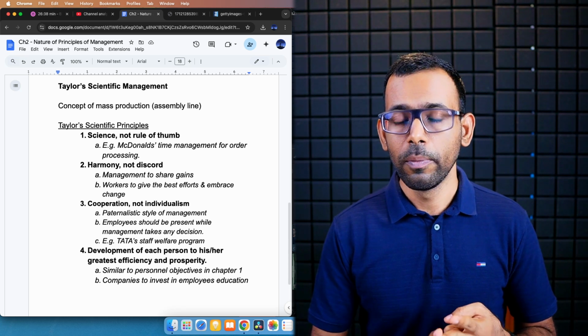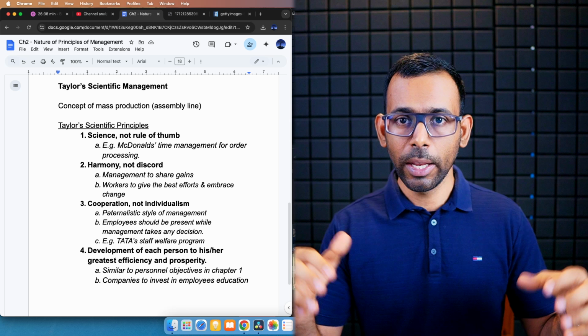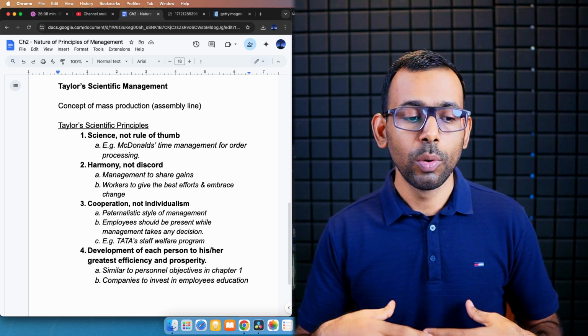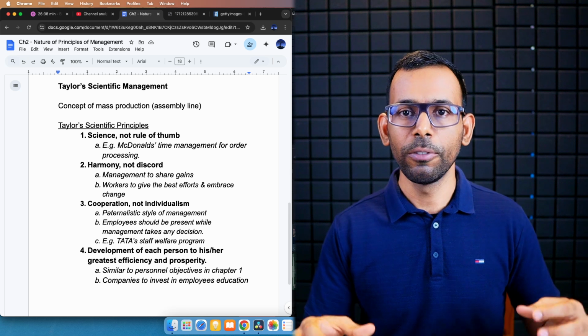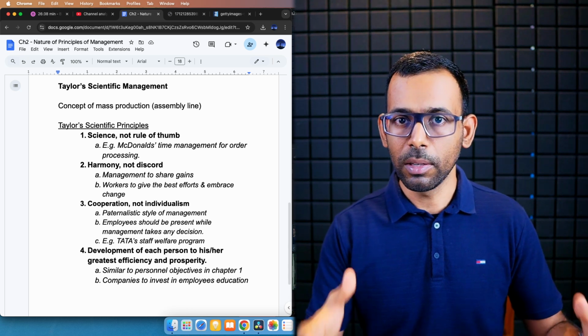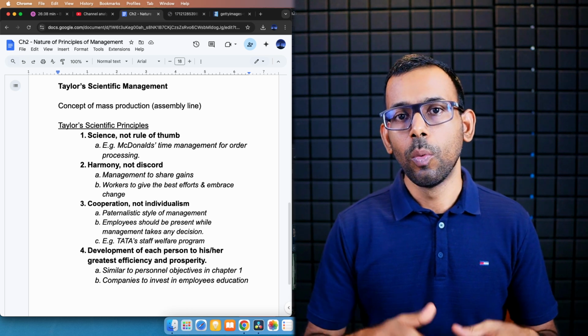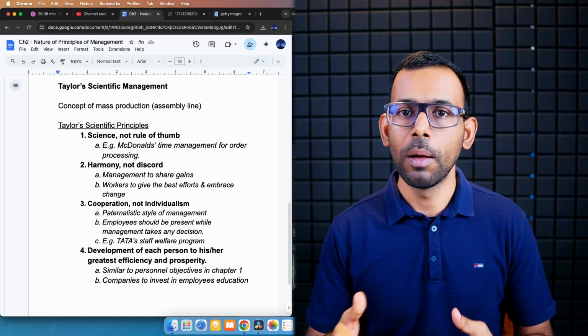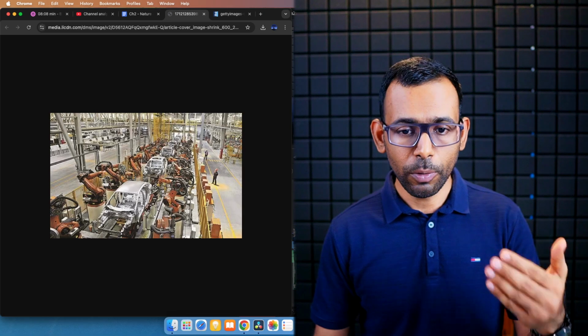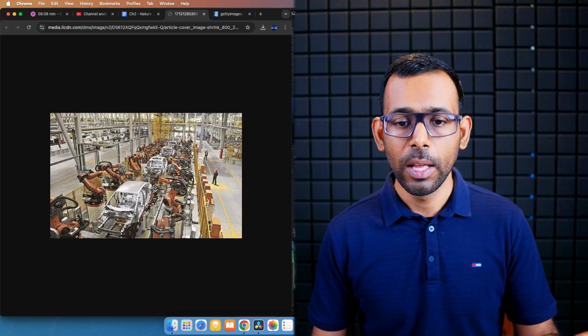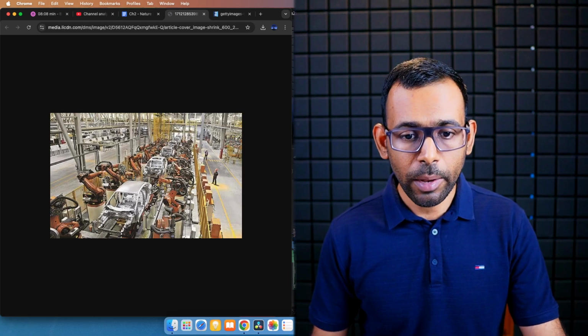Also, all the people who worked in making the car should be so educated. They should be well versed with the mechanics of whatever happens in making a car. But what happens when you do mass production? What happens when the cars are made by assembly line? This is an example of an assembly line. You can see multiple cars are made at the same time.